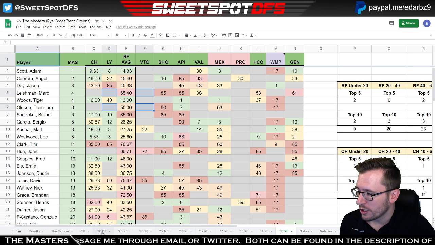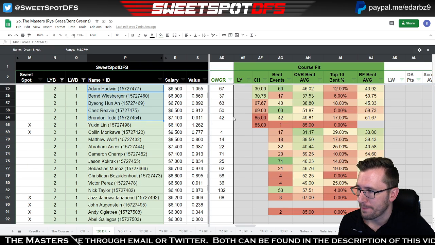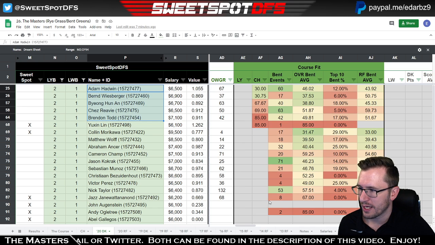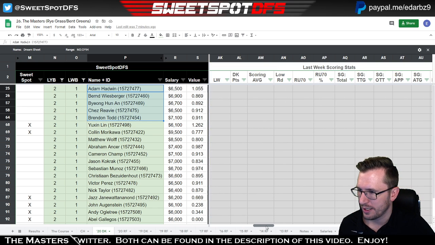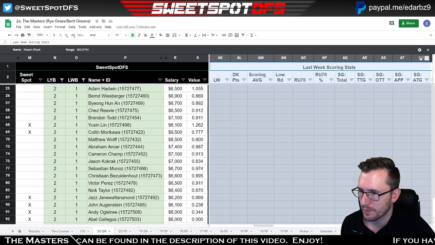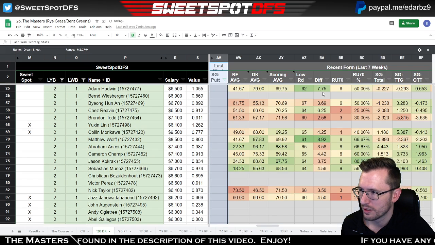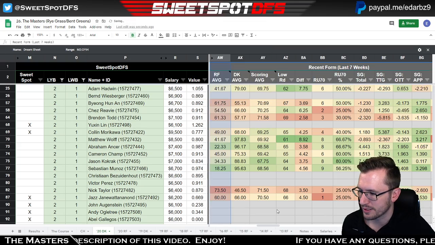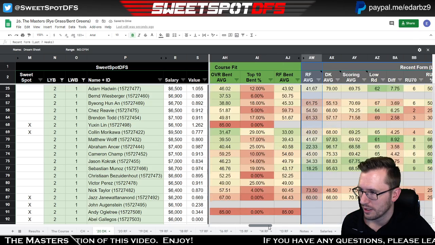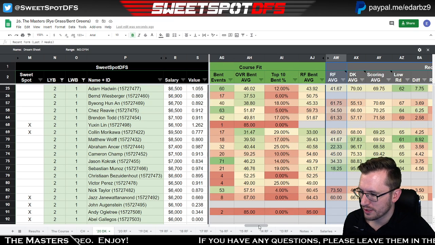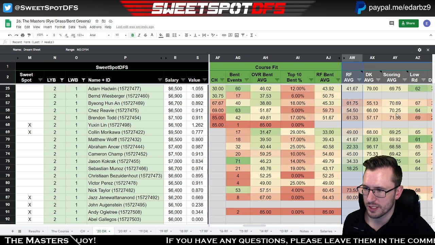So when we look at 2020 and we're looking at these golfers, let me go ahead and hide this information here because I want to bring in recent form into this so we can look at this together. So I'll keep bent grass here, but you can see course history as well as recent form.